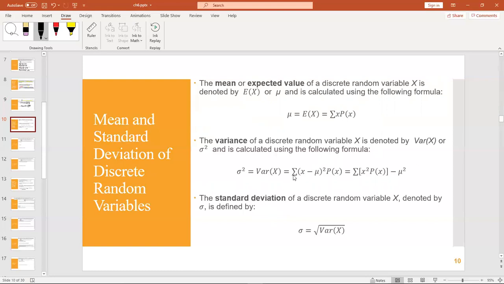To find the variance, there's 2 ways to do it, where you do the individual value x minus the mean, take all of those and square it, then multiply the probability and find the sum. That's a little bit more cumbersome than doing it this alternative way, which is you do x squared times p of x and then subtract the mean squared. That gives you the variance, and then the thing to remember is that the standard deviation is the square root of the variance. Now, if that formula doesn't make sense to you yet, we're going to show this process in action so that hopefully it makes a little more sense to you of how this works.